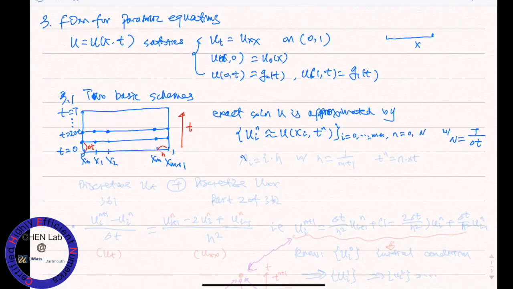So xi is equal to i times h, with h equal to 1 divided by m plus 1, and tn is n times delta t.